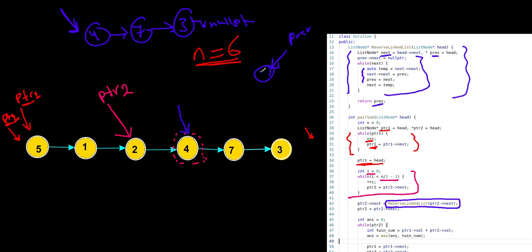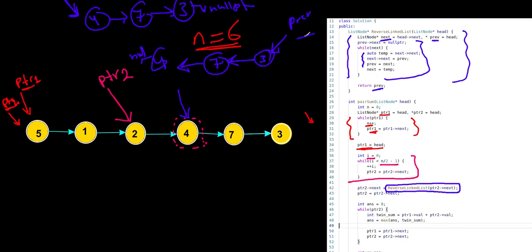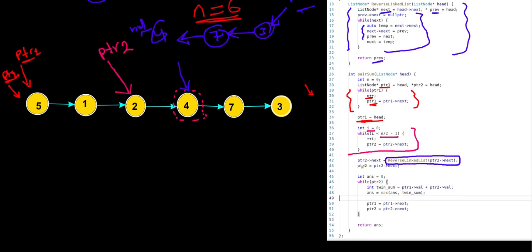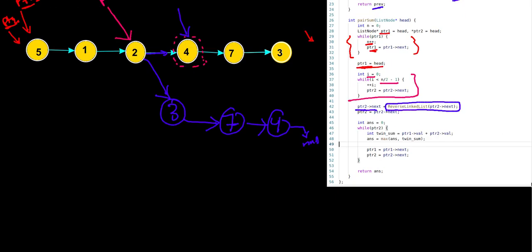So 3 points to 7, points to 4, 4 points to null pointer, and we assign this return value to pointer 2 of next. So pointer 2 is this one, we assign to it this returned linked list. So the returned linked list is 3, 7, and 4. This is the end of the linked list.